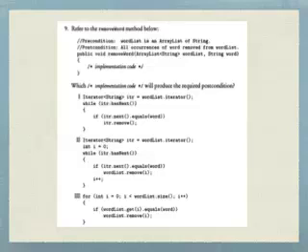Inside this for loop, it also uses wordList.get(i) equals word. So if the element of the word list at index i happens to be the content of the word, then we call wordList.remove(i).